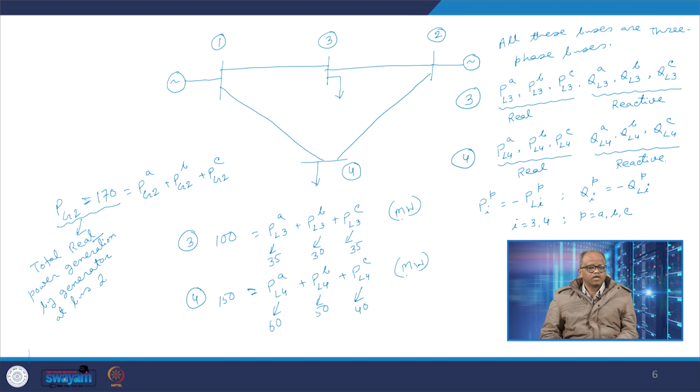But we really cannot pre-specify the values of PG2A, PG2B and PG2C. That must be calculated after the load flow is solved. So this aspect and the other aspects we will discuss in the next class. Thank you.